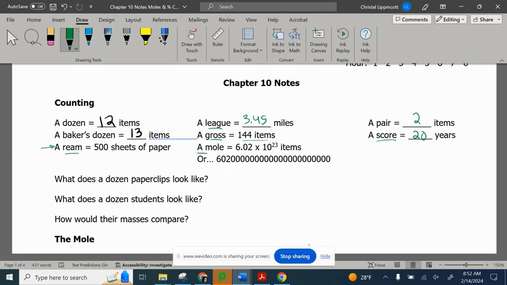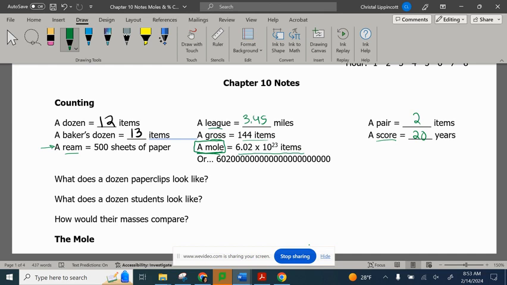Okay? The one that we use in chemistry all the time is called the mole. When we are counting things in chemistry, we are counting very tiny things like particles that we cannot see. So we use something called a mole to represent number of items.